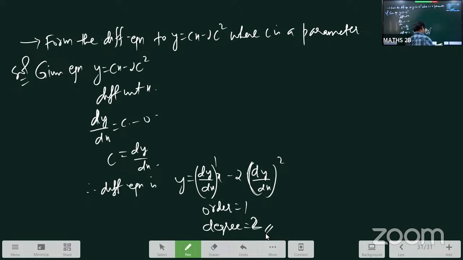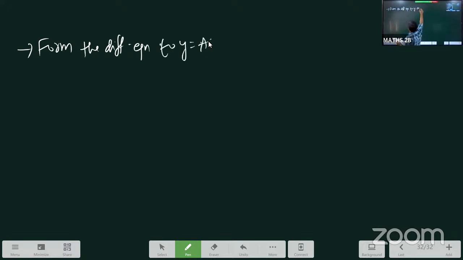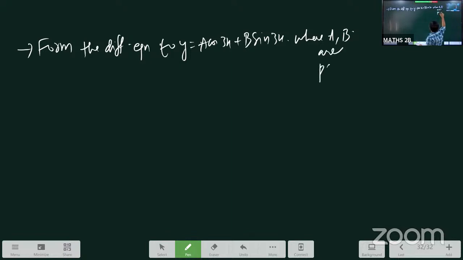Next. Form the differential equation to y is equal to A cos 3x plus B sin 3x, where capital A and capital B are parameters.